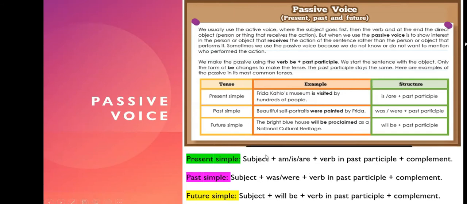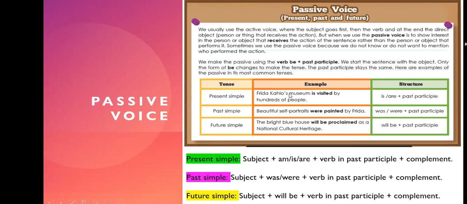So in present simple, for example, we have the object, which is Frida Kahlo's museum. It is not Frida Kahlo. It is Frida Kahlo's museum, okay? Is visited by hundreds of people.